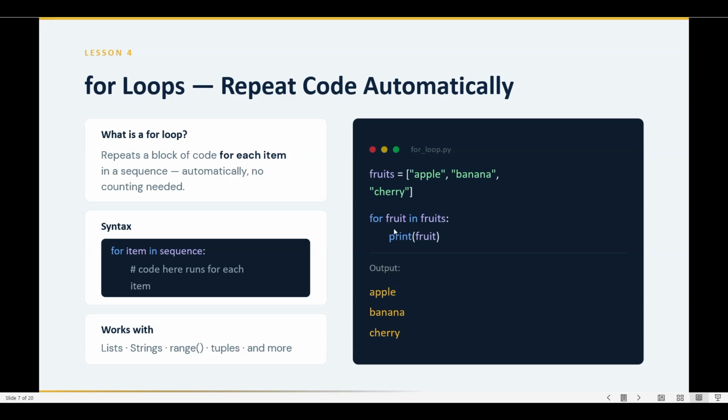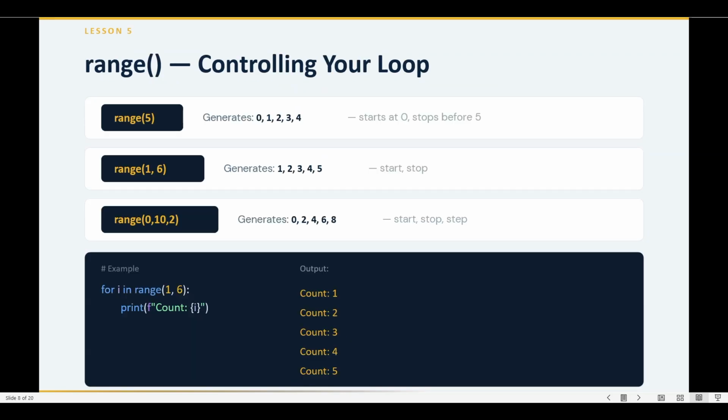The next topic is range. We'll use range in for loops itself. We are giving a range, like 0 to 6, assigning till what point the program should continue. So it is used to control your loop.